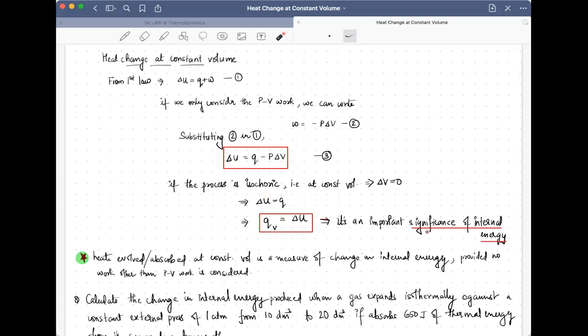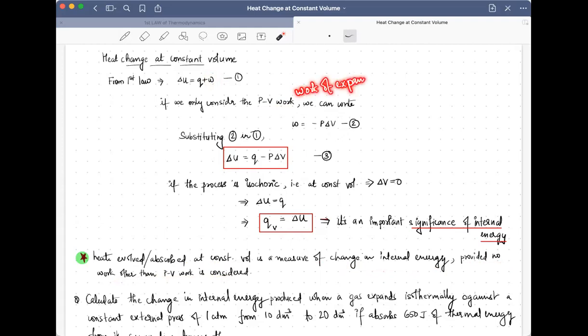Now, this is an important significance of internal energy. According to this expression, we can state that the heat evolved or absorbed, depending upon the process, taking place at constant volume is a measure of the change in internal energy, provided no work other than pressure volume work is considered. Here we have to remember that the work we are considering is the pressure volume work, which is also referred to as the work of expansion.